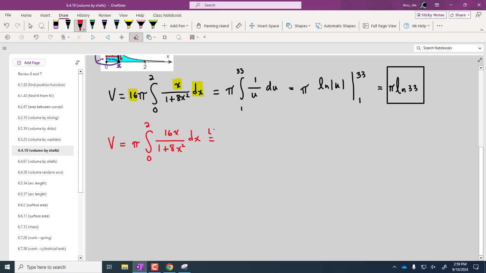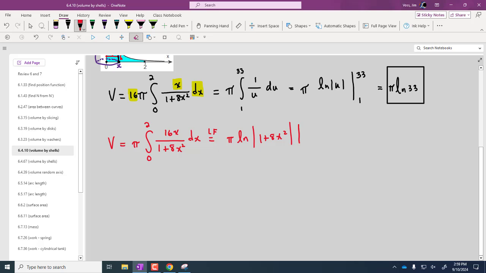Just put an LF over the equal sign so I know you know that it's in log form. And the integral in log form is the natural log of the absolute value of the denominator. So if you know that it's in log form, you can jump to the answer. It's natural log absolute denominator.